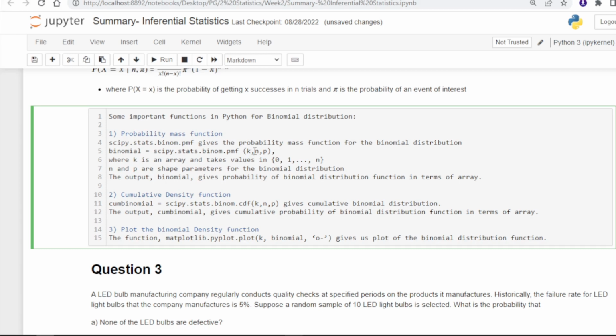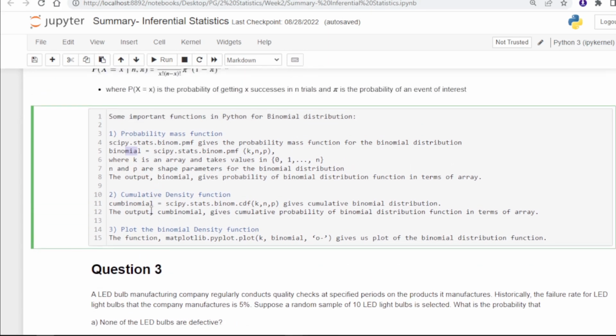We pass k, n, p to that PMF function, where k is an array that takes values from 0 to n, and n and p are the shape parameters for the binomial distribution. The output gives the probability of the binomial distribution function in terms of an array.